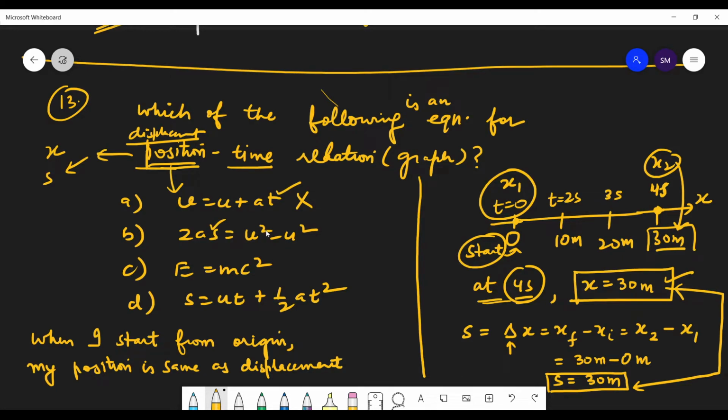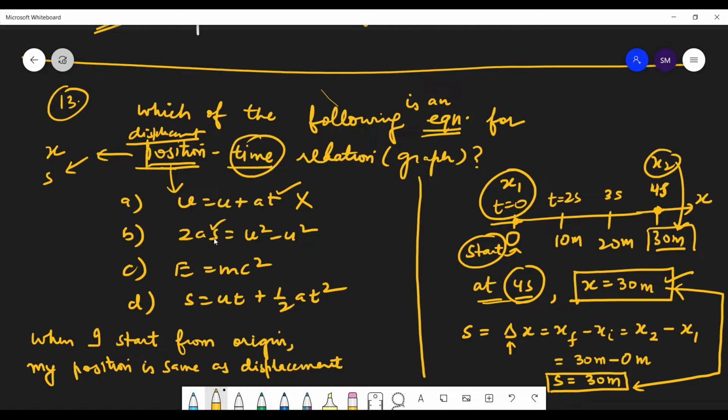Here you have s, but acceleration is not given. See, you want to draw the graph, you want to pick the equation for the position-time relation. So is it telling the position and time relation? Does this equation have position and time both?